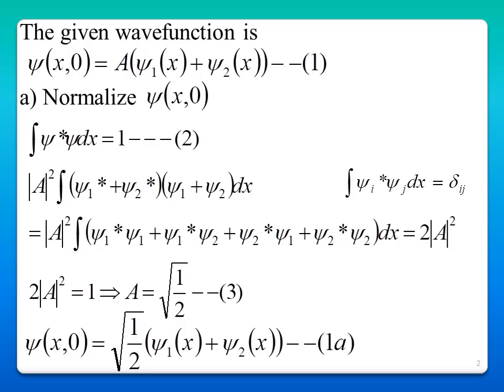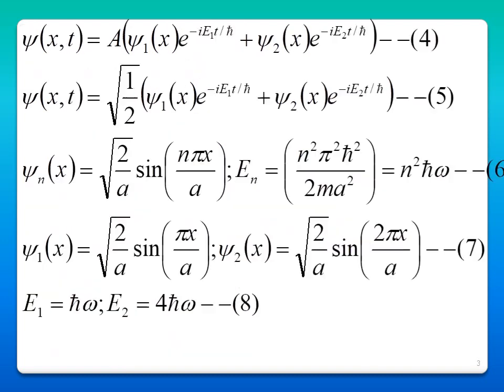That is, if i and j are equal, then we get 1, otherwise it is equal to 0. In one case it is normalization, in the other case it is the orthogonal property. So if you use this, it is equal to 2 modulus of A squared. So it is equal to 1, so A is equal to square root of 1 by 2.